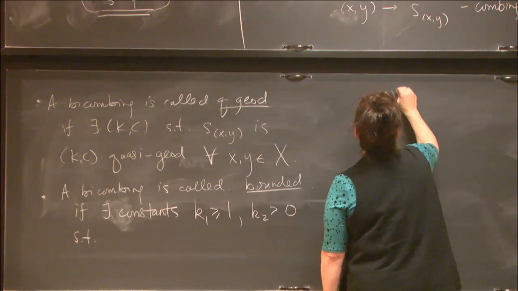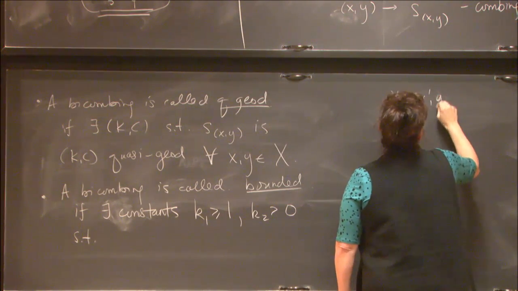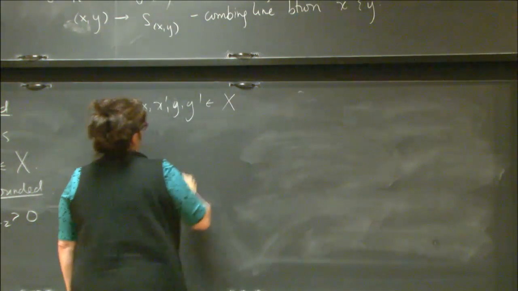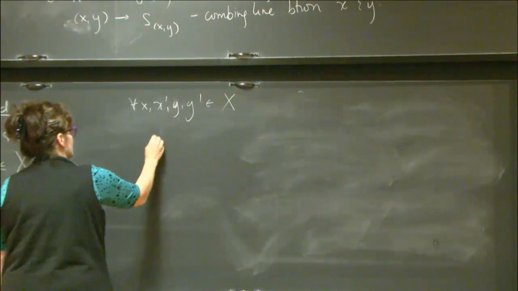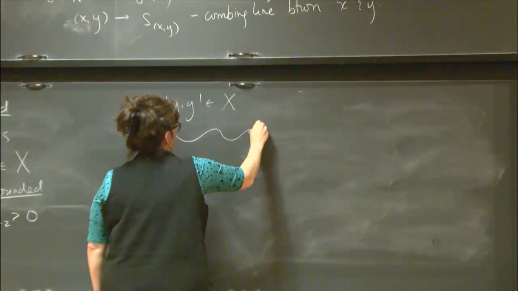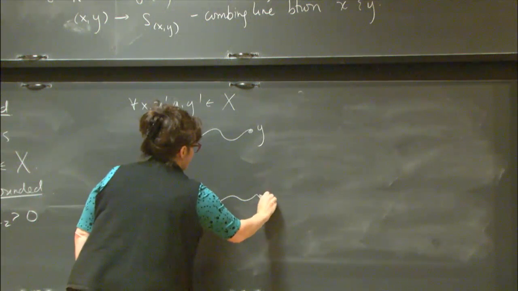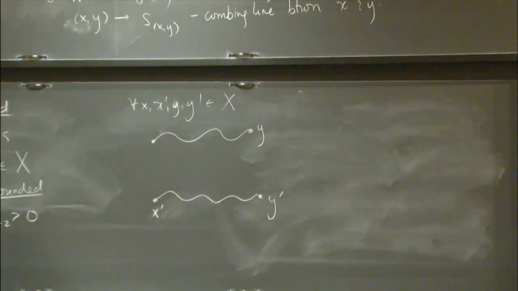All right, here's the picture. So I need 4 points now because I want to model that convexity thing. I have this funny combing line from x to y. It's quasi-geodesic though, and I have another combing line from x prime to y prime, right?